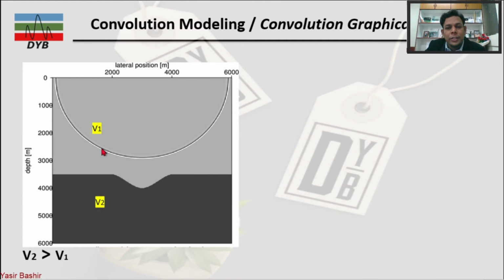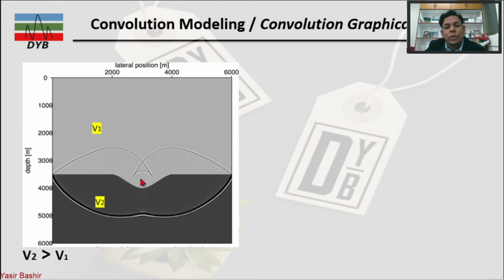When this wave convolves with the geology, reflections appear. This is the convolution method. When a wave comes and hits this geology, the convolution happens over here, and it will be recorded over here.